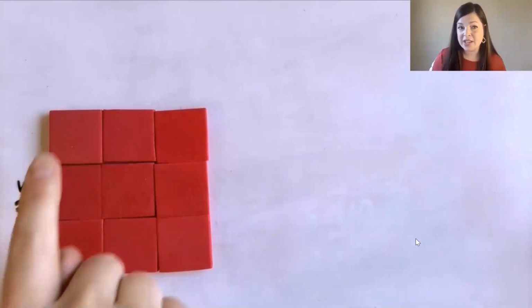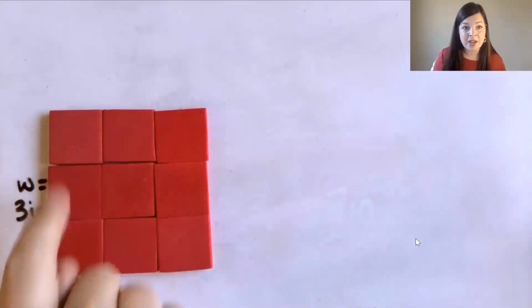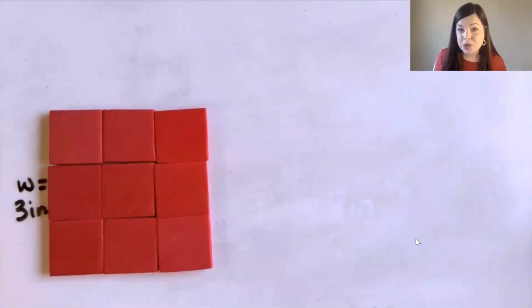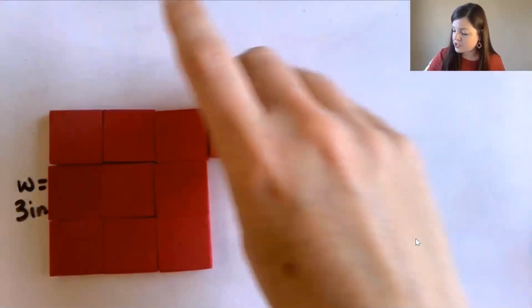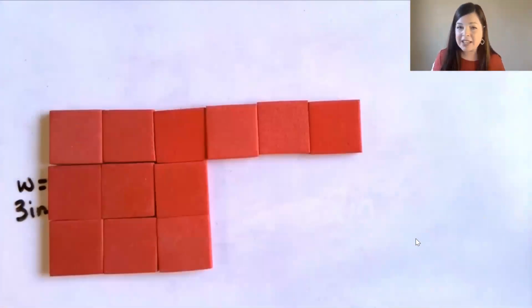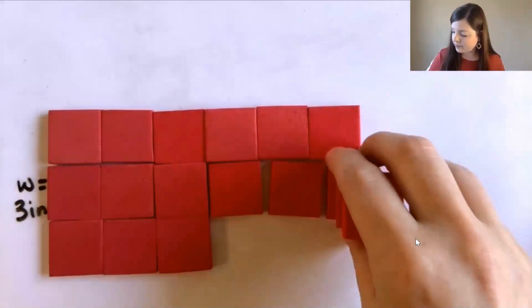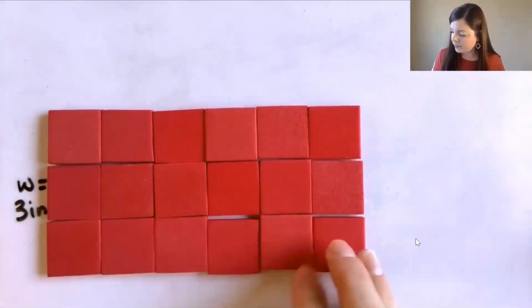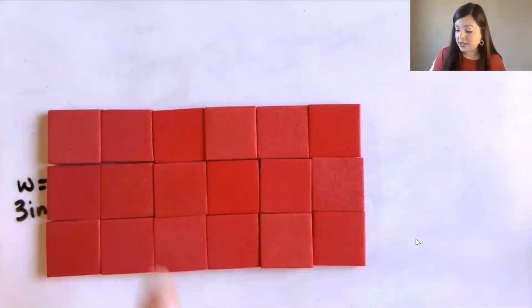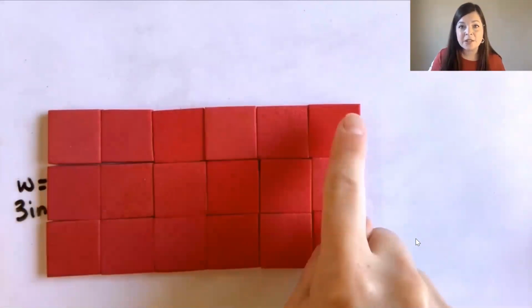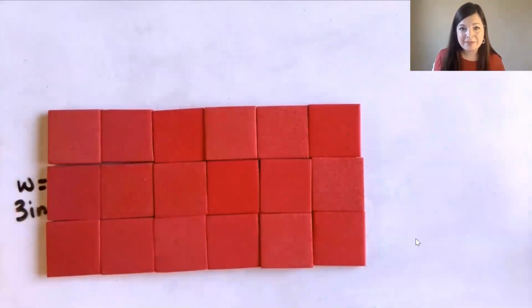So now this rectangle is 1 time as long as it is wide. If it were 2 times as long as it is wide, then it would be 6 inches long like this. Now the rectangle is 2 times as long as it is wide.